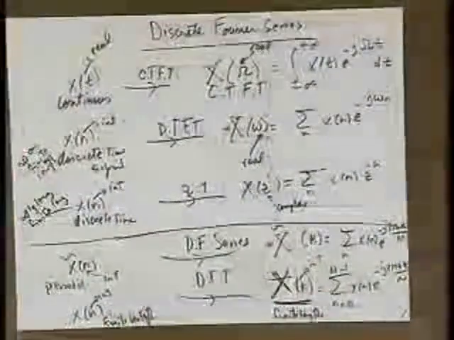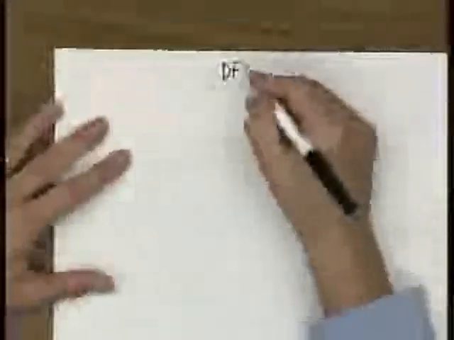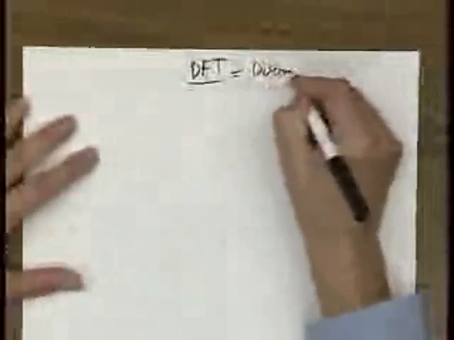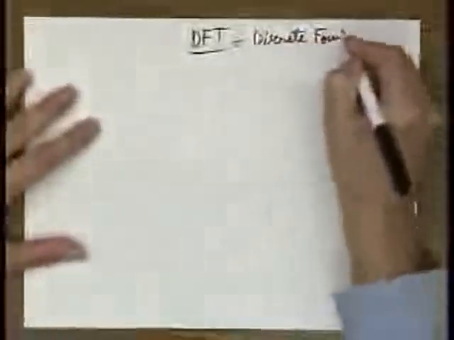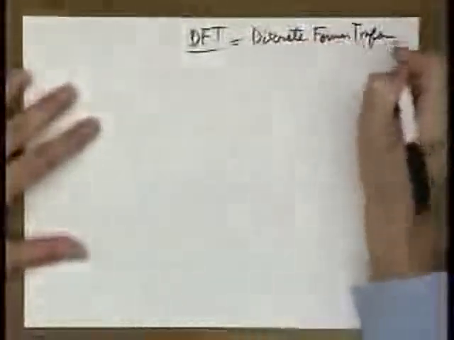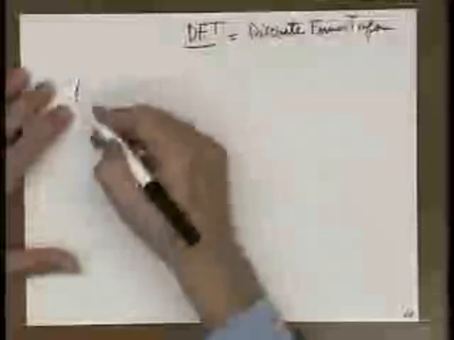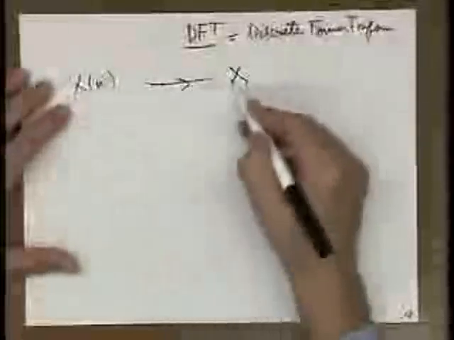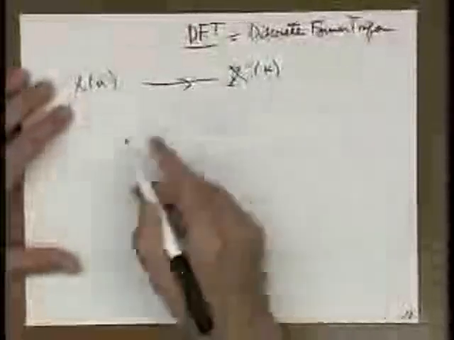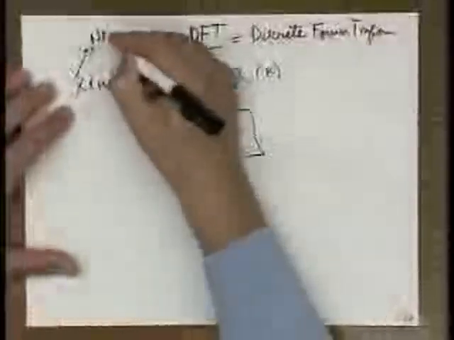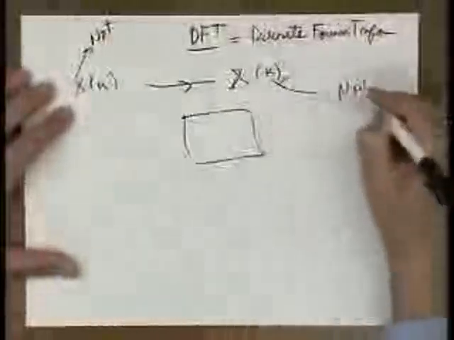So it's really fantastic. What the DFT does, which is discrete Fourier transform, it starts with x of n, and it gives me x of k.